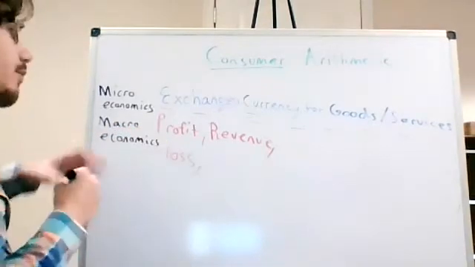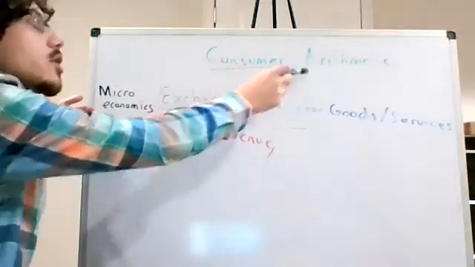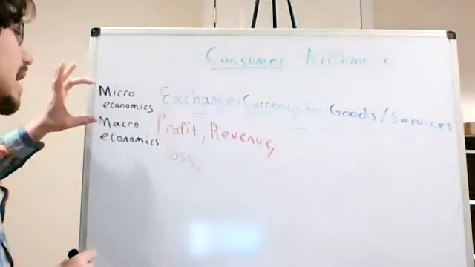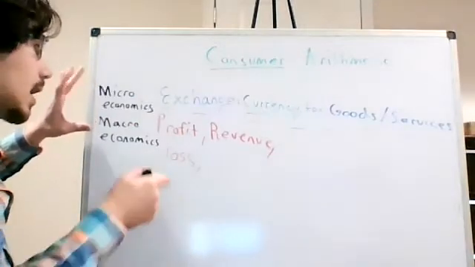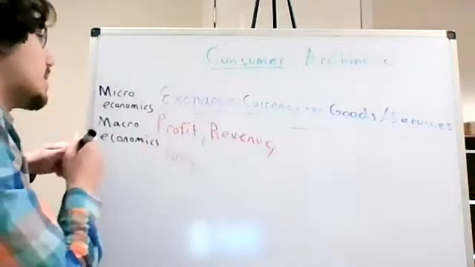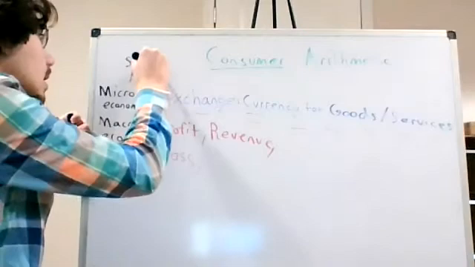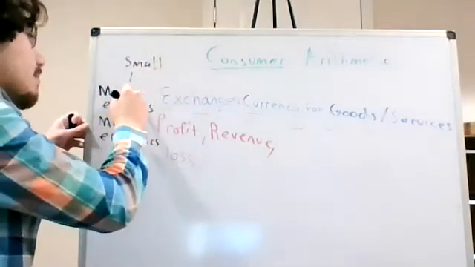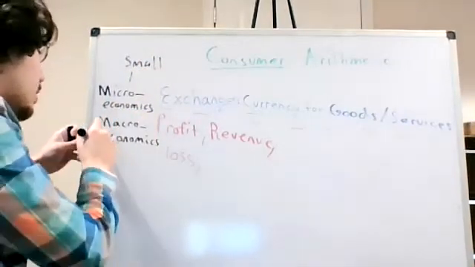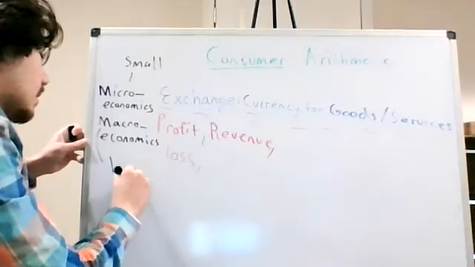Now, economics refers to economy, which generally refers back to consumer arithmetic. Micro and macroeconomics describe how these things interact into economy.